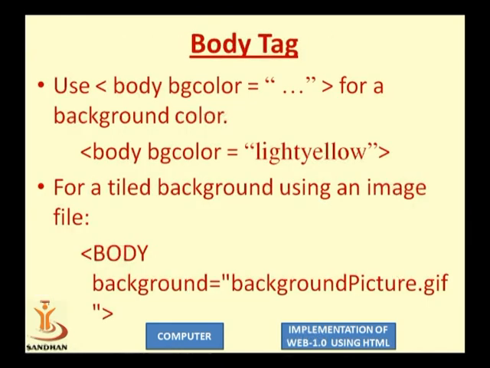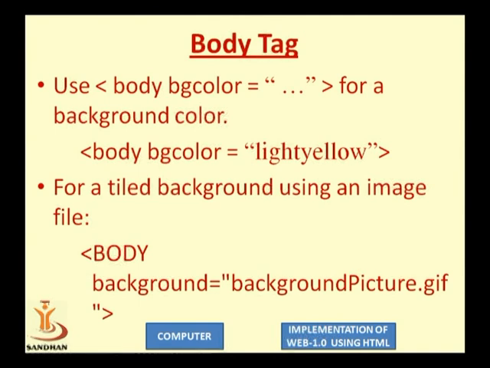We are moving forward. Now we are moving on to the body. We are focusing more on the body, right? So body is a tag. bgcolor means background color. bgcolor is the attribute of the body tag. So you can write any color over there, like light yellow. Here we take the color light yellow, so the background color of the web page is light yellow, right?